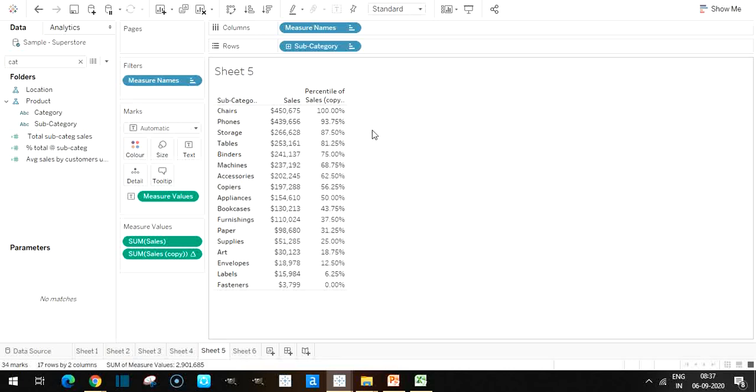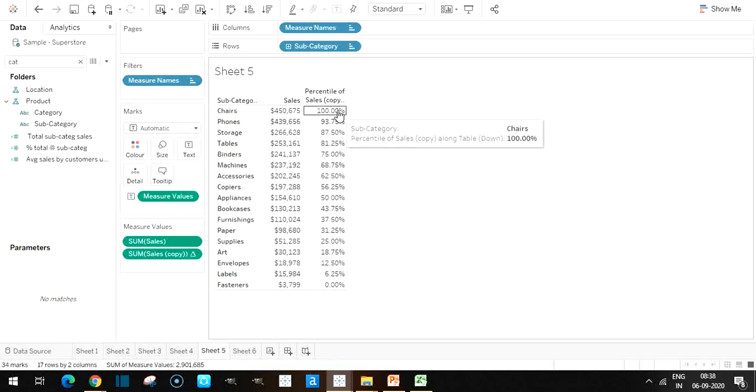Exactly. So this is in one way absolutely right. This is providing you the rank only, but in terms of percentile, it tells how many people are lagging behind you, how many people you have superseded. So chair is 100 because no one is matching this number. Everybody is behind this number.